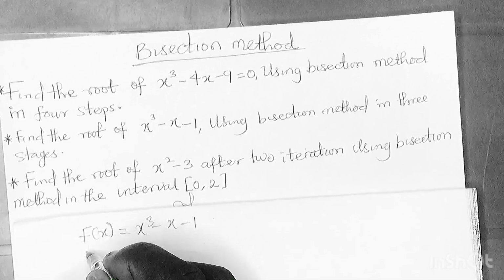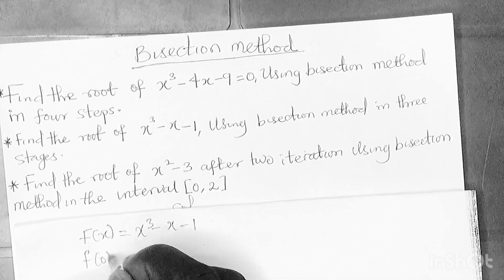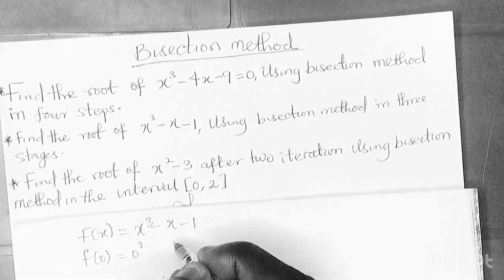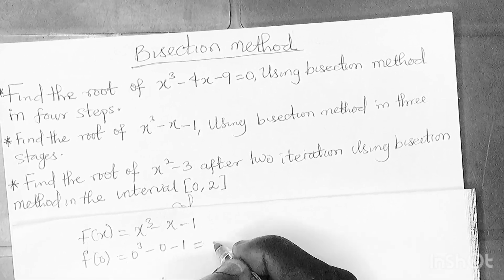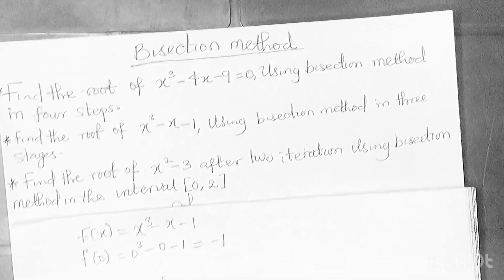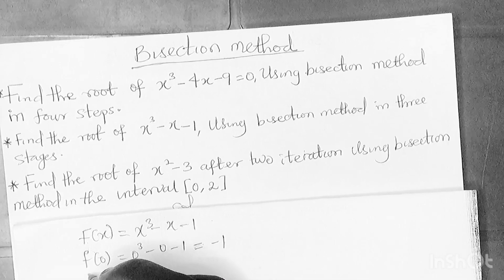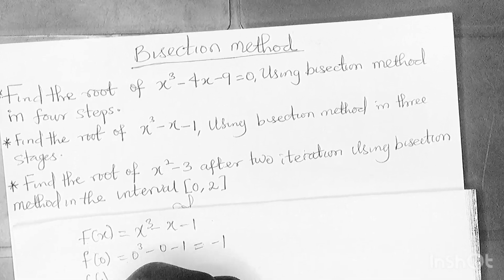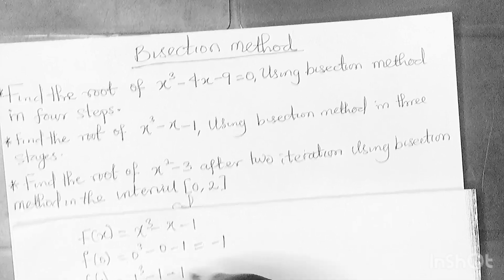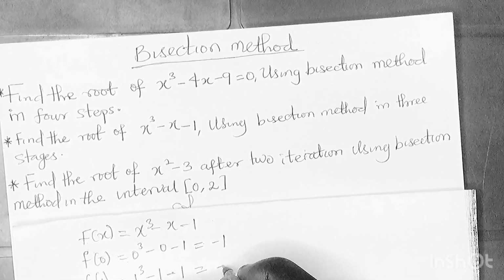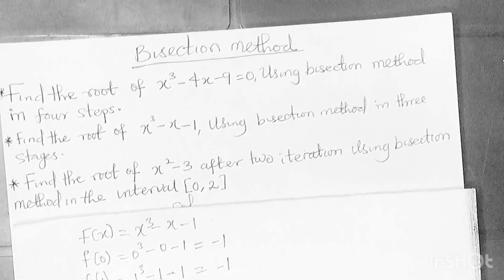So the first thing you do is to do for 0. So your f of 0, that will be 0 raised to power 3 minus 0 minus 1. And I'm sure you know this will give you minus 1. All right. The next thing you go to 1 rather. So that will be what? 1 raised to power 3 minus 1 minus 1. That will also give us minus 1.